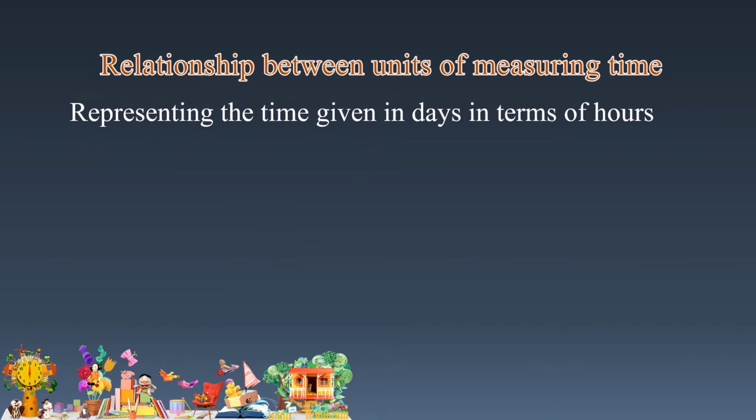If the time is given in days, how to write it in terms of hours? We are going to learn that now. So we know that 1 day means 24 hours. That means for 2 days, how many hours are there? How to find that? 24 hours should be multiplied by 2. So that is 48 hours.